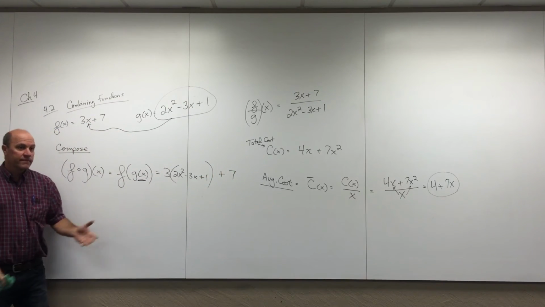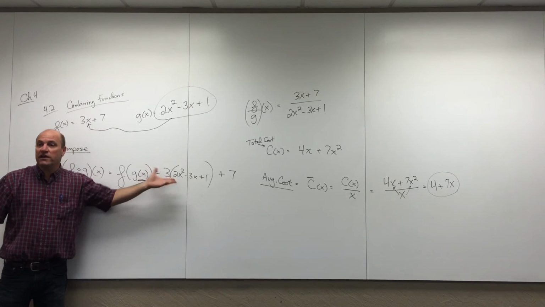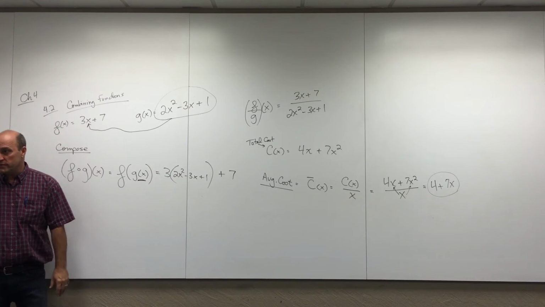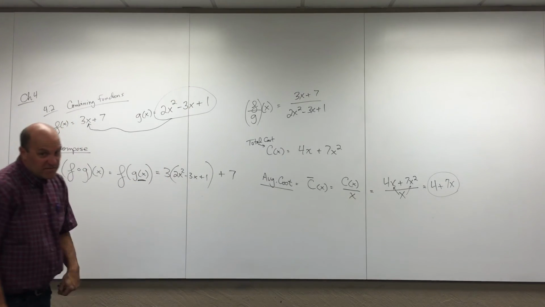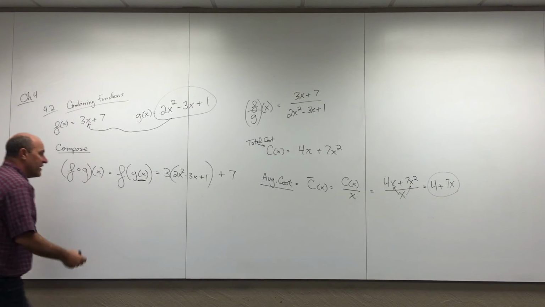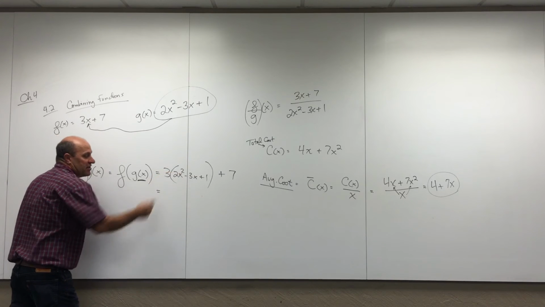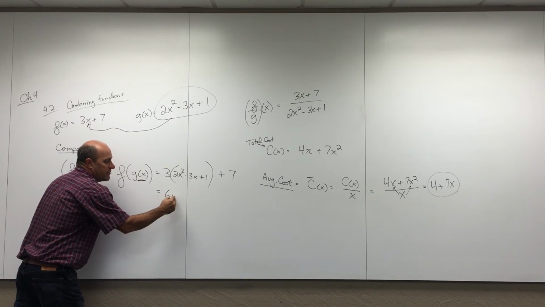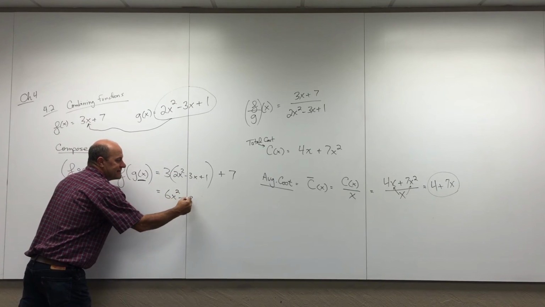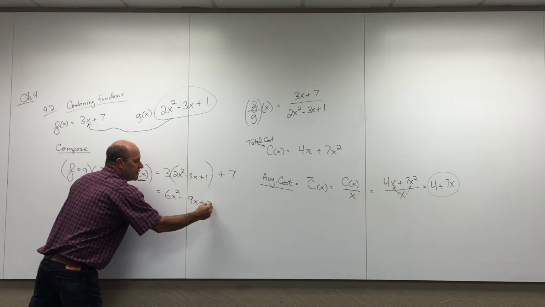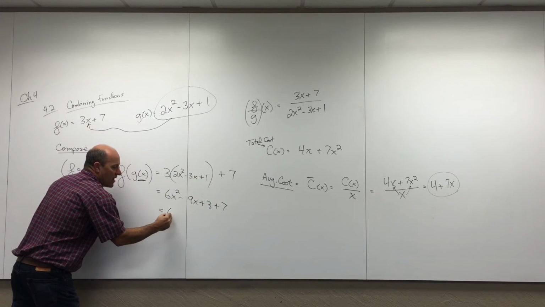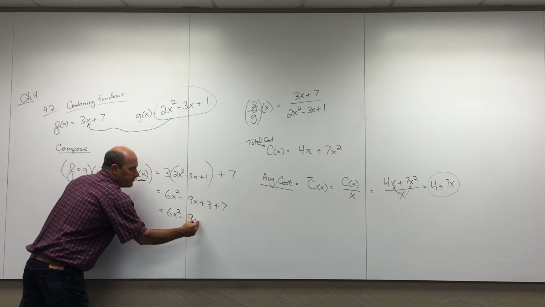You see what I did? I took the entire g function and stuck it into f. It's called composition. It's kind of a new idea, maybe. You guys have done a lot of algebra, but this might be a new idea. I'm going to clean it up. When you clean it up, it just becomes whatever it becomes: 9x plus 3 plus 7. It becomes some new function.